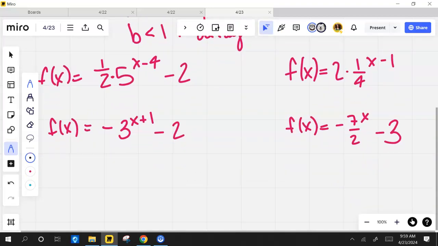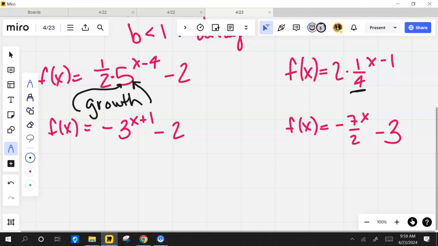Looking at the first equation, is that growth or is it decay? Is it growth or decay? It's growth. Why is it growth? The base is bigger than 1.